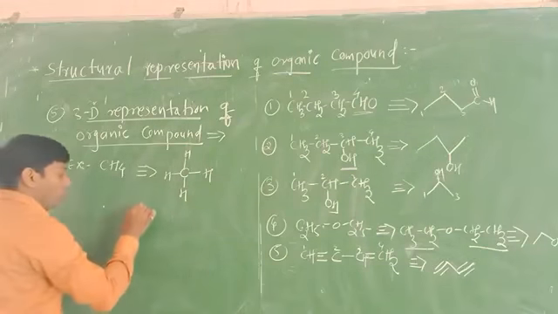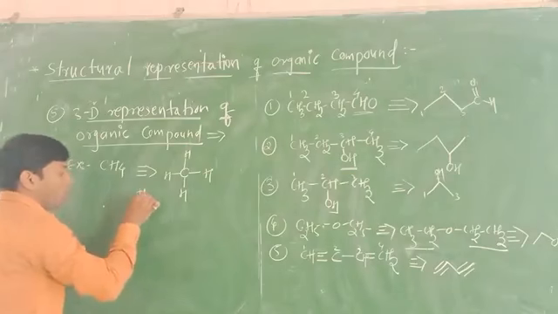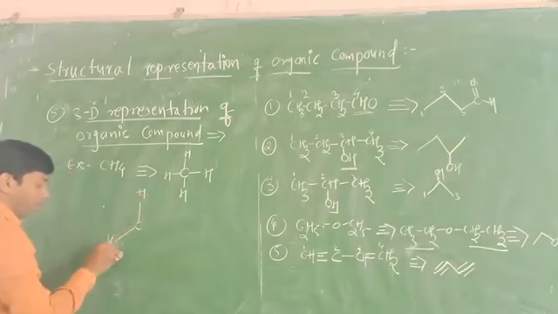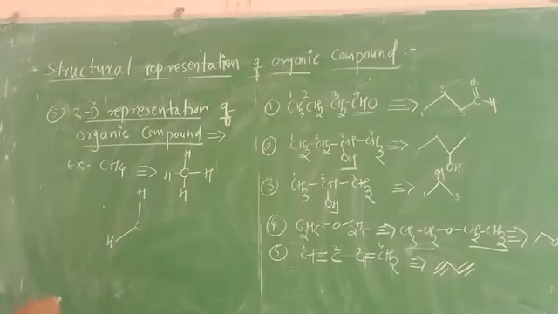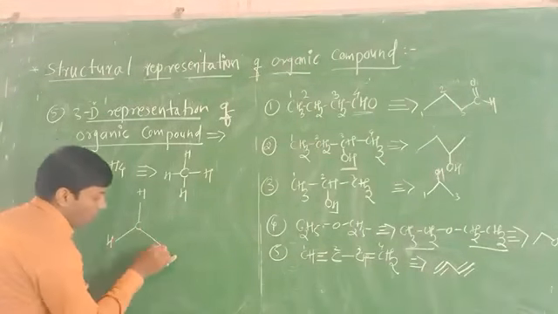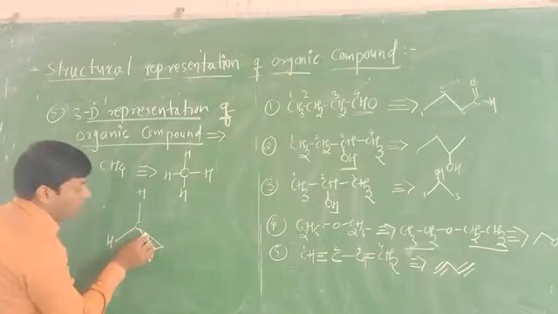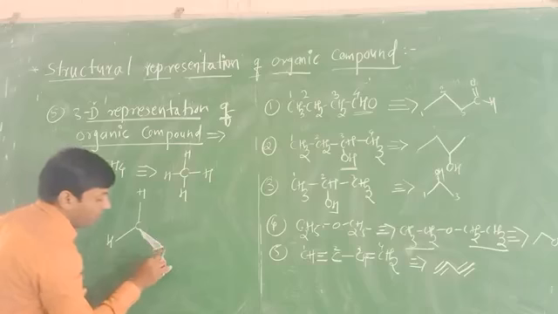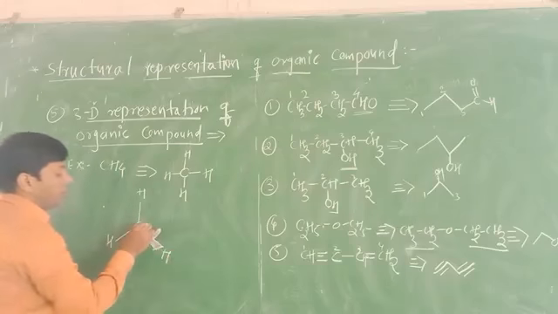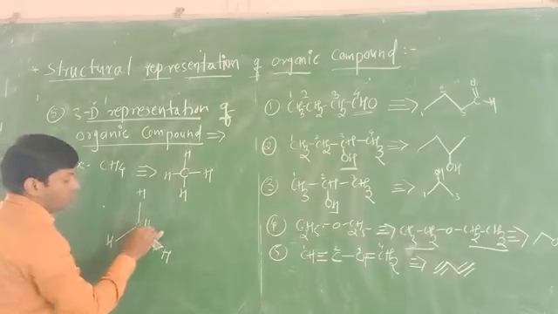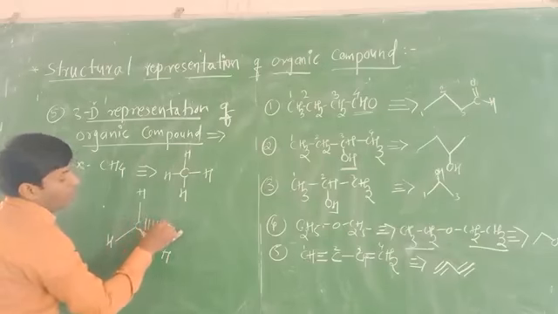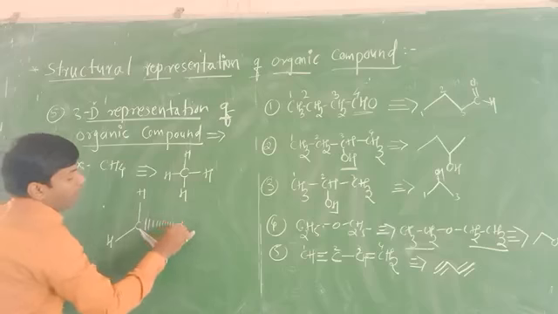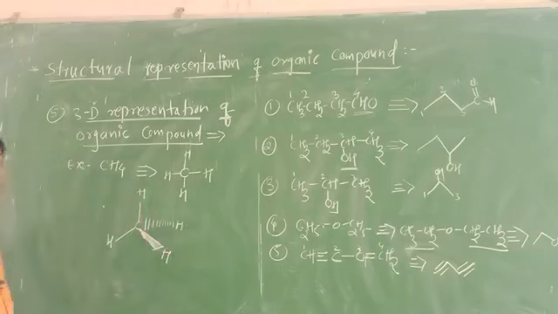Out of 4 bonds, 2 bonds are shown by a normal line, another bond is shown by a solid wedge line, and one more bond is shown by a dashed line.